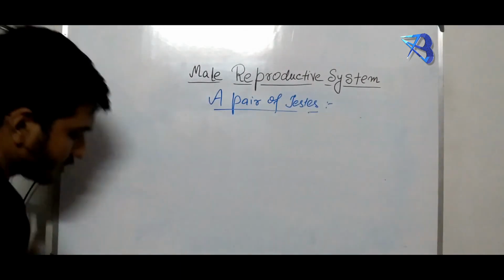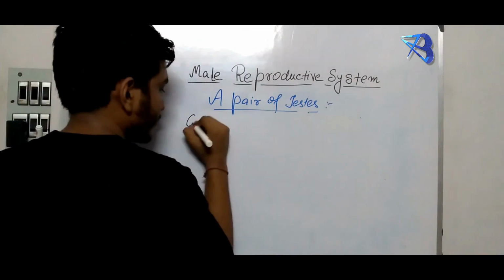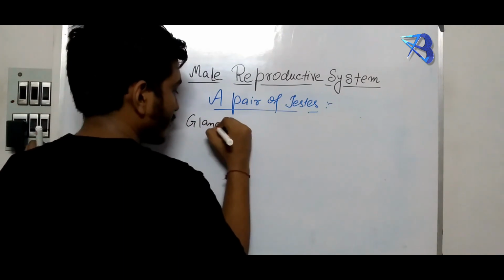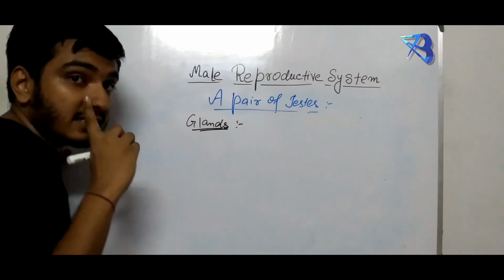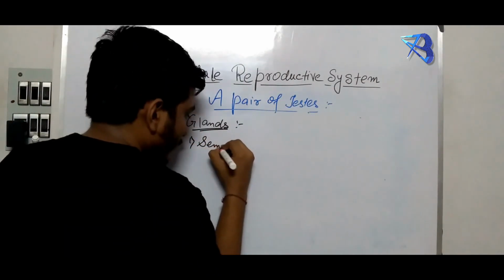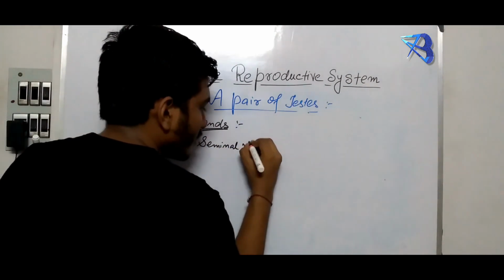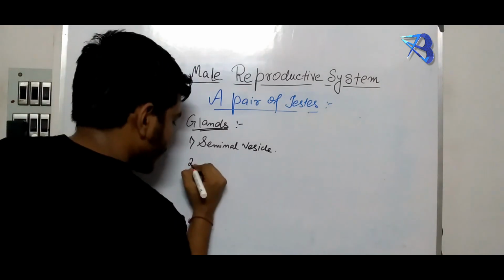Now let's come to the glands. First gland is the seminal vesicle. Second is the prostate.